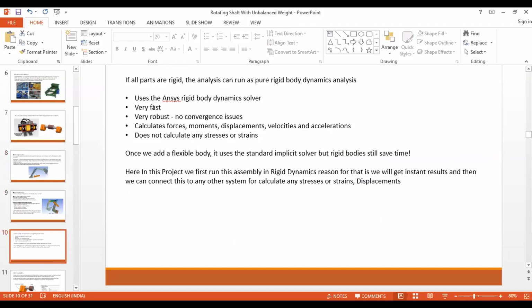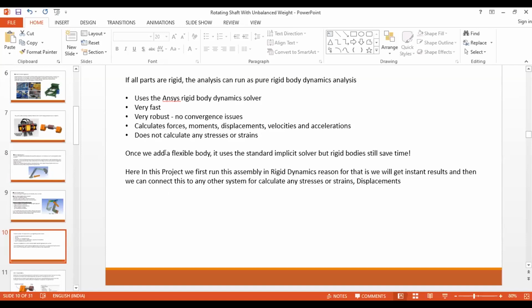So this will be a very fast process, no convergence issues at all, and this will only calculate forces, moments, displacement, and velocities and acceleration.